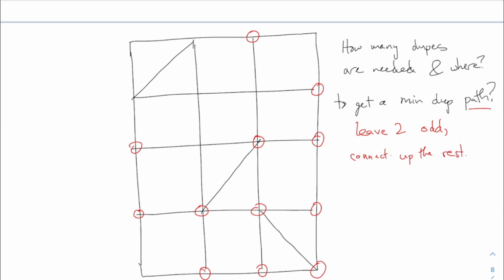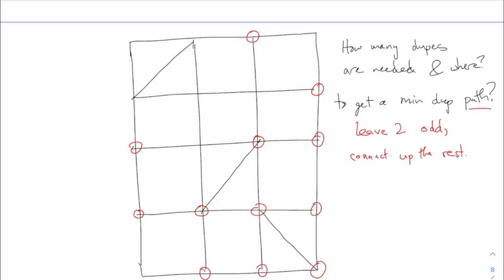So there are many ways that you can do this in this example. You could try to think of for yourself, first of all, which 2 am I going to leave odd? I would like to leave them odd, the ones which are the least convenient to connect up with the rest of them. Now, I actually don't see 2 natural candidates, but I do see one that I definitely think would be inconvenient to handle. Anybody agree?